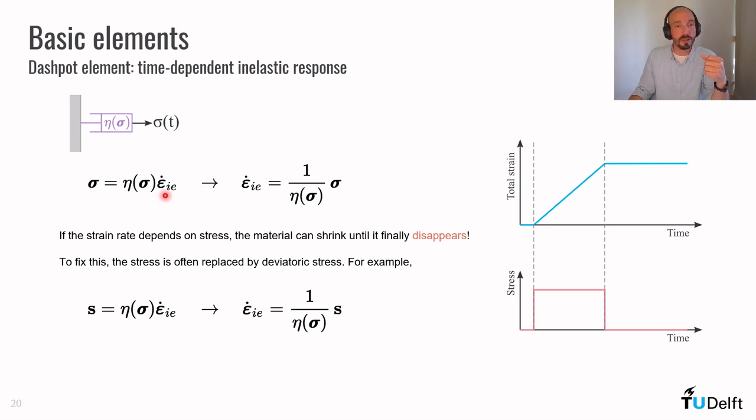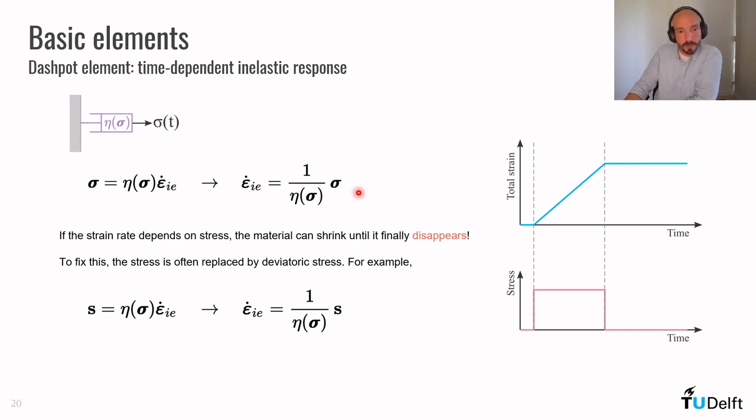The subindex here stands for inelastic deformation, but it's the deformation of this dashpot. So if we know the stress, we can compute the velocity of deformation by this expression here. And the viscosity of the dashpot can also depend on the stress itself, which makes the problem nonlinear.